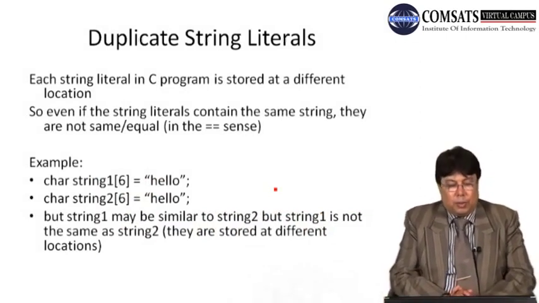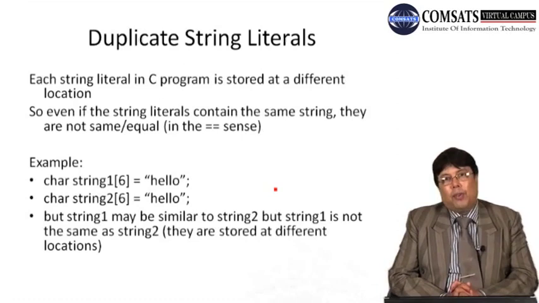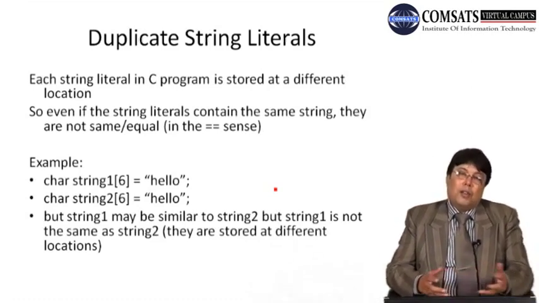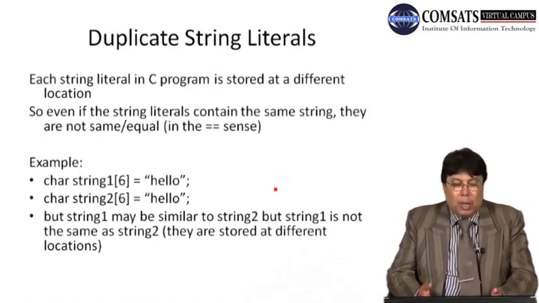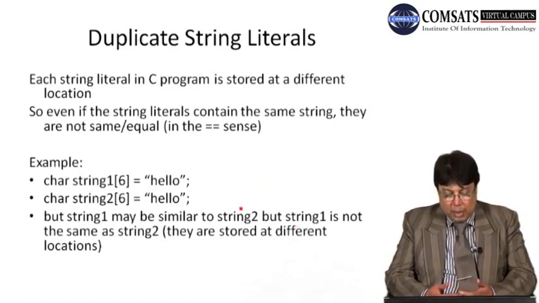Duplicate string of literals. Now, suppose we defined a string, we defined a literal. So each string literal in a C program is stored in a different location, even if they are the same, but they are not considered as equal. कैसे?